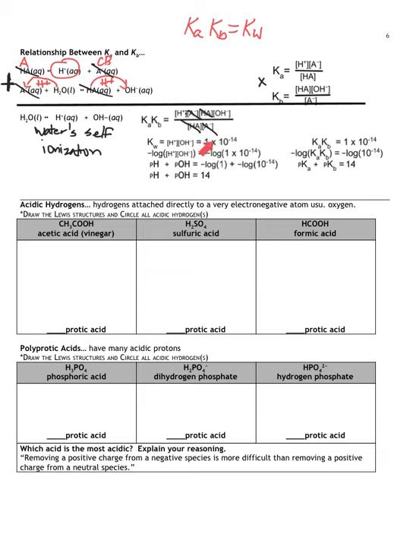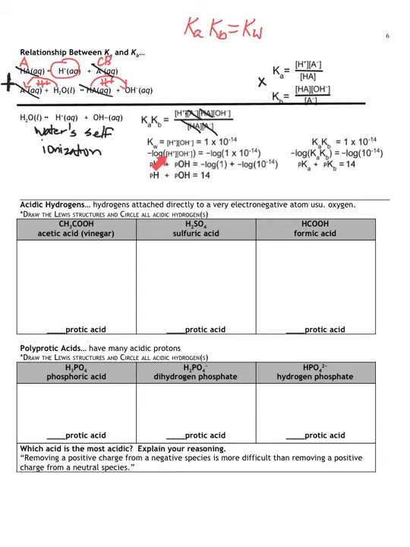And that equals a constant that we found experimentally at 25 degrees Celsius to be 1 times 10 to the negative 14. Now, when we take the negative log of this, I'm trying to achieve the pH as well as the pOH.